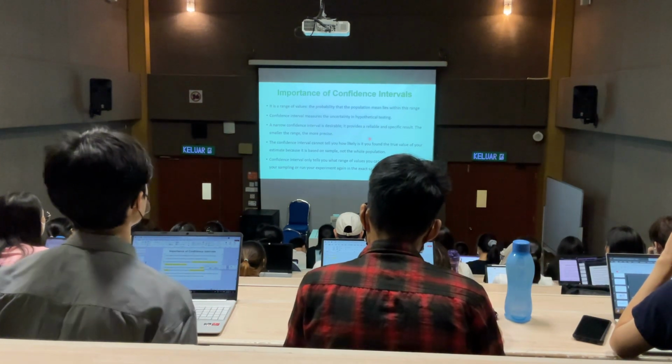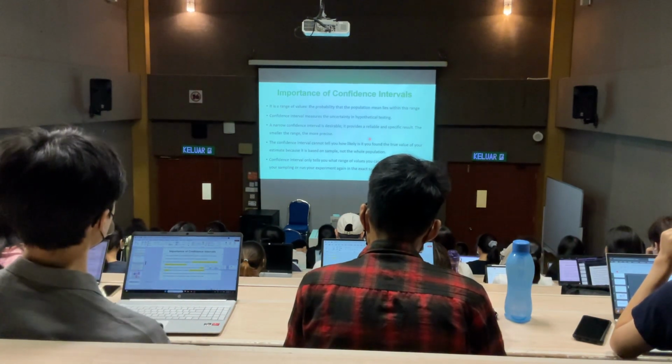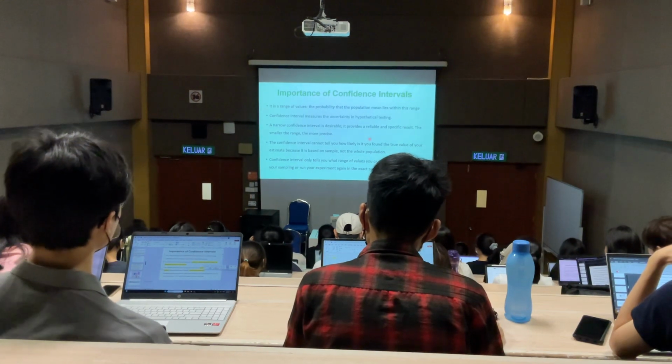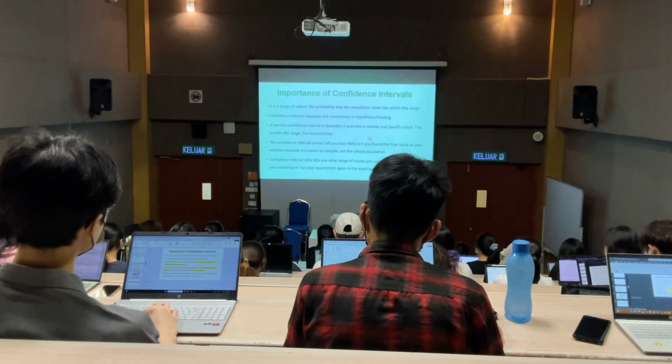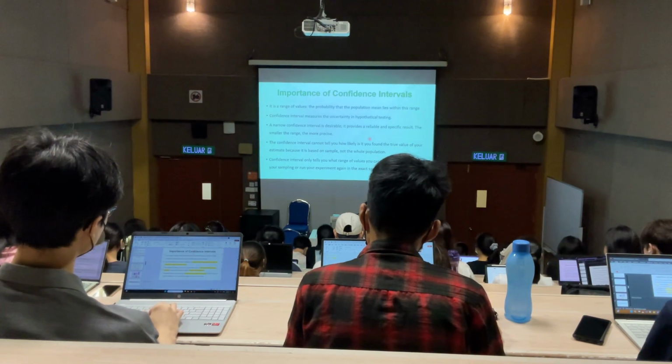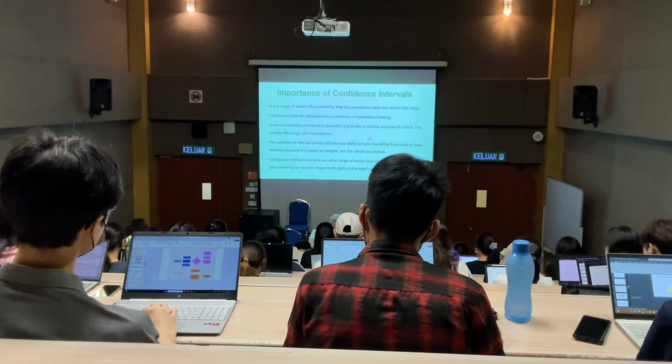But this doesn't tell you the true value. Confidence interval only tells you what range of values you can expect to find if you redo your sampling or rerun your experiment again and again in the exact same way. Okay? Just remind yourself.